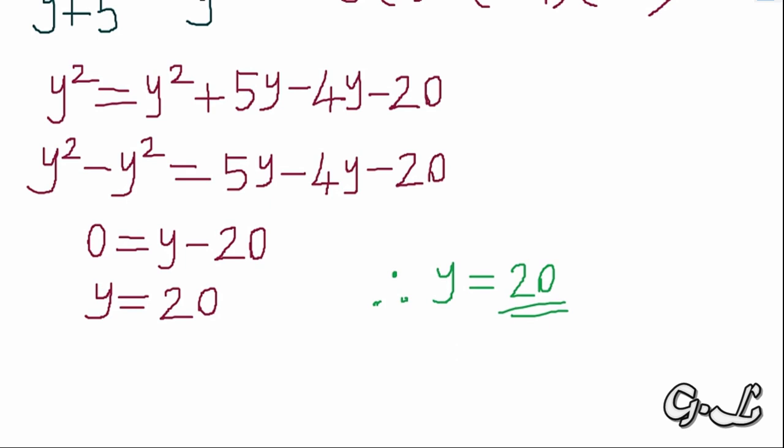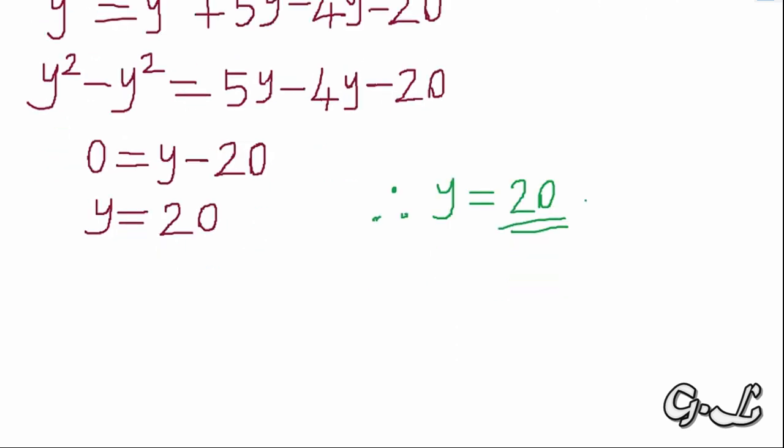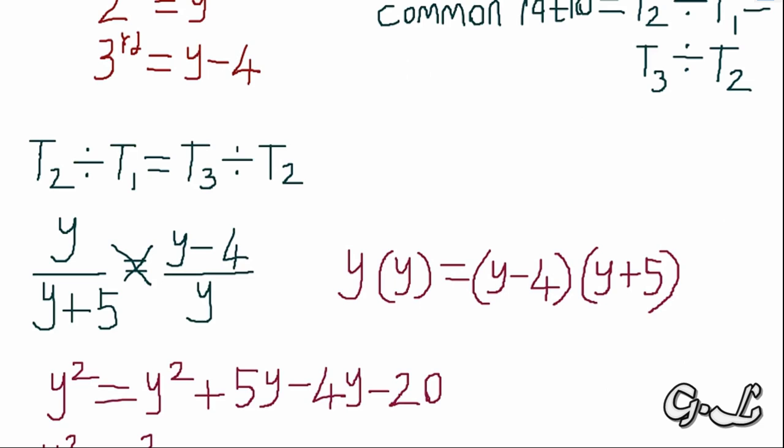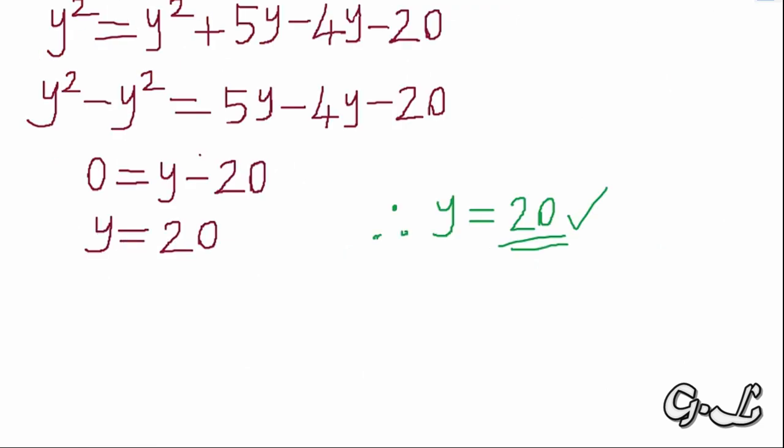So this is how you're supposed to score marks in an exam room. Let's go to the next part of the question, which says to calculate the common ratio. Just as we earlier said, we calculate the common ratio by saying T2 divided by T1. By T2 we mean the term which is following, and by T1 we mean the previous term.